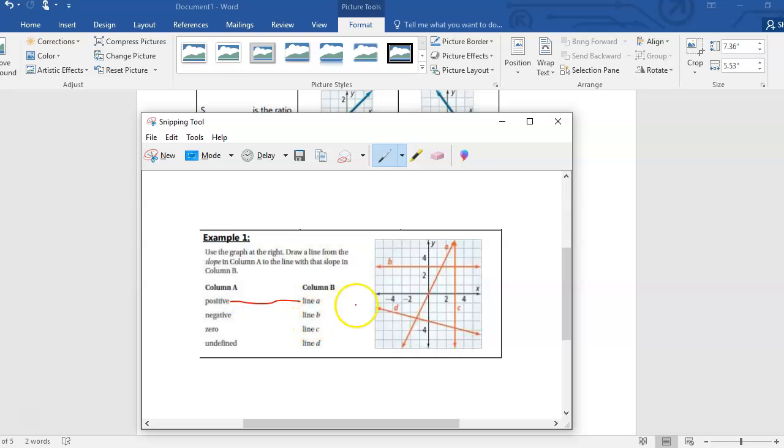All right, if I look at line B, it is a horizontal line. Remember, if we go back, our horizontal lines are our lines that have no slope. Okay, so if it has no slope or a 0 slope, then that is going to be the horizontal line. So I know that's line B.